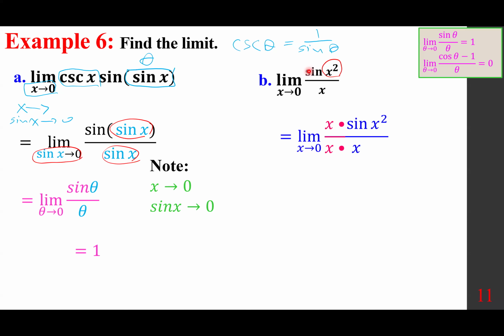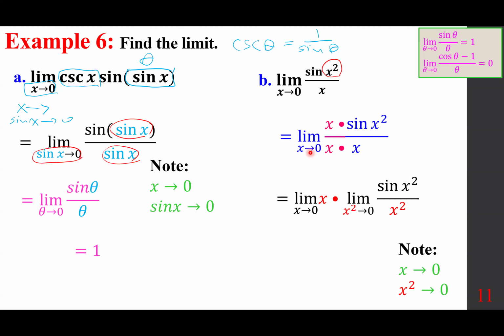Okay? So multiply the top and the bottom by x. So the denominator is x squared. So you're going to write the limit of x as x approaches 0, and the limit of sine x squared over x squared as x squared approaches 0. Please understand, when x goes to 0, so does x squared. That's important to understand.